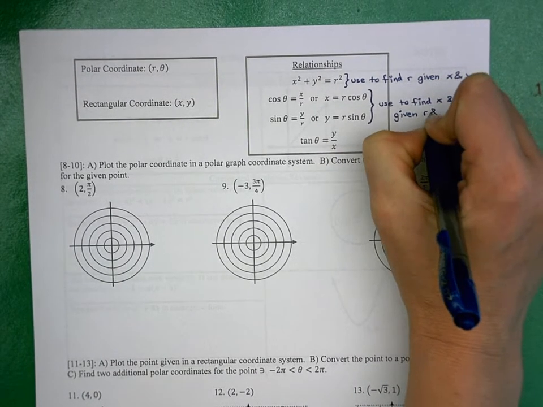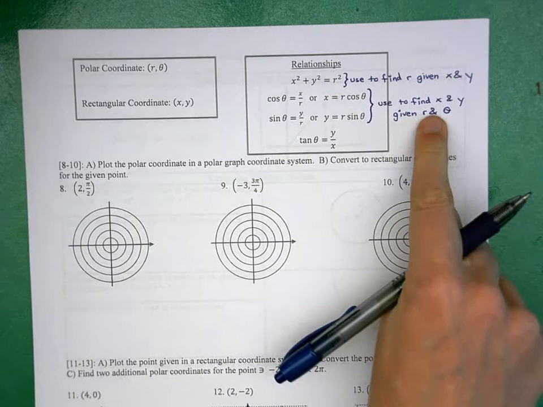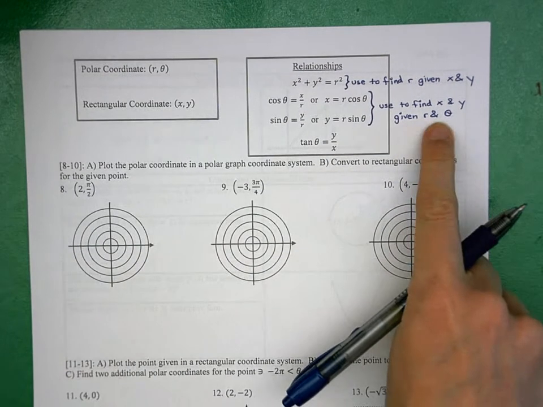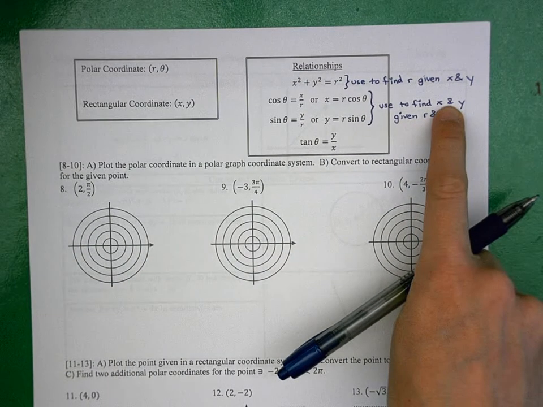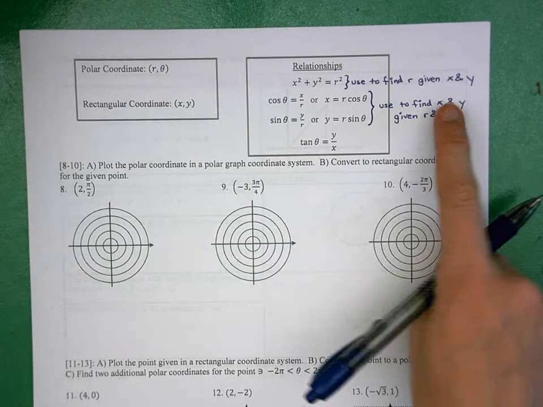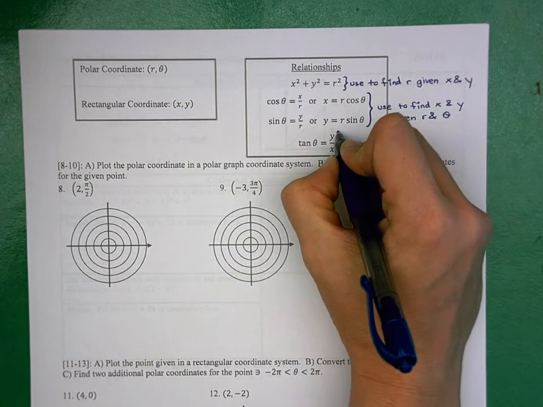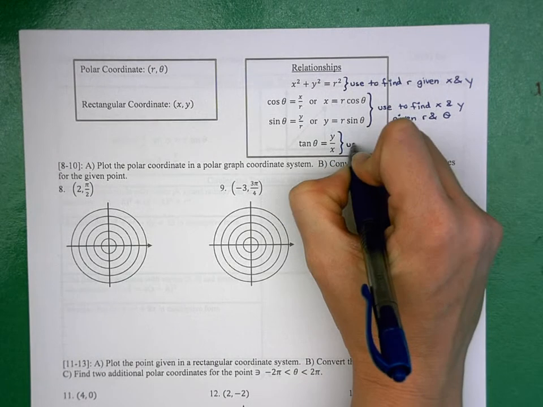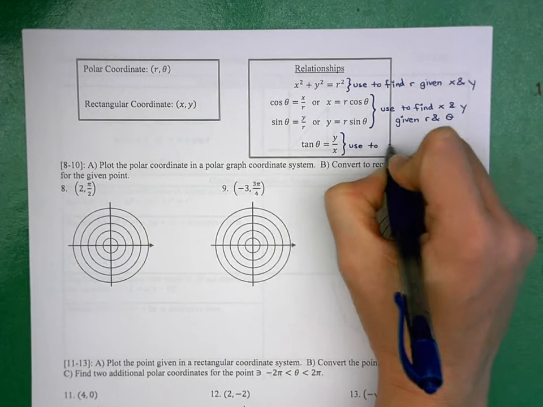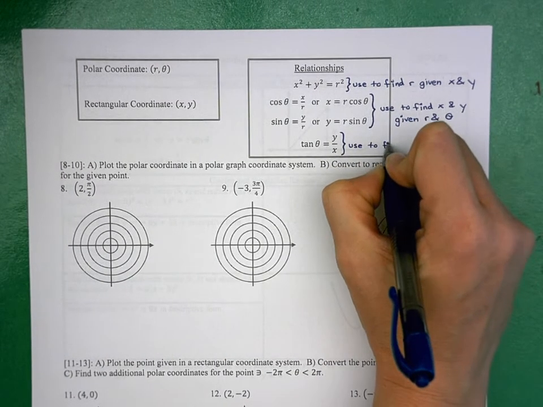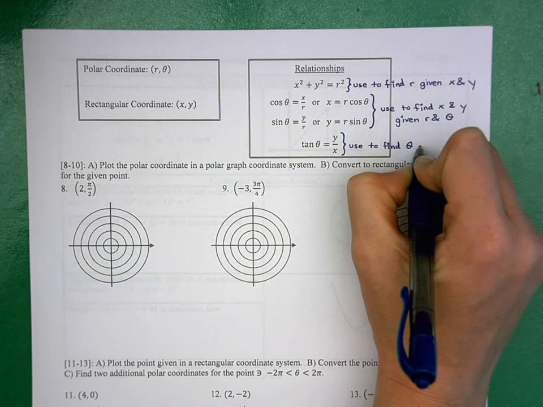So again, we'll use this primarily to take a polar coordinate and turn it into a rectangular one. And this tangent theta, a lot of times I use it to find theta, because I can solve for theta given x and y.